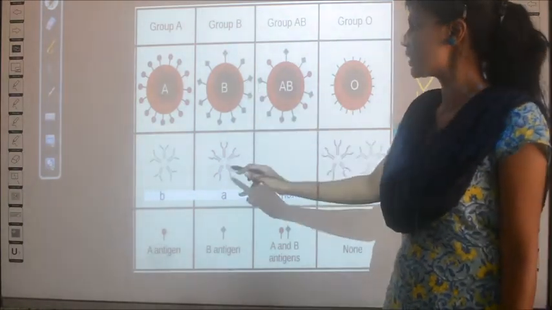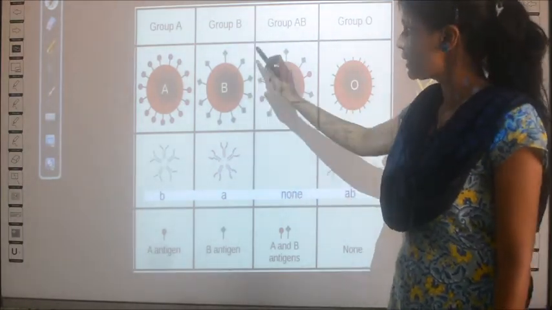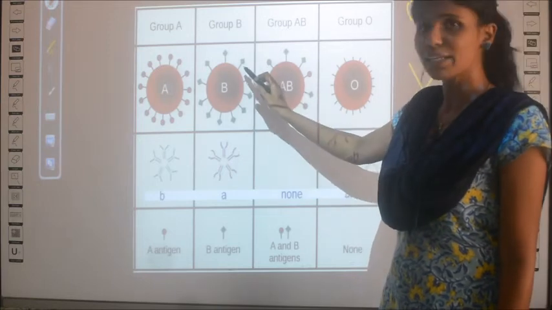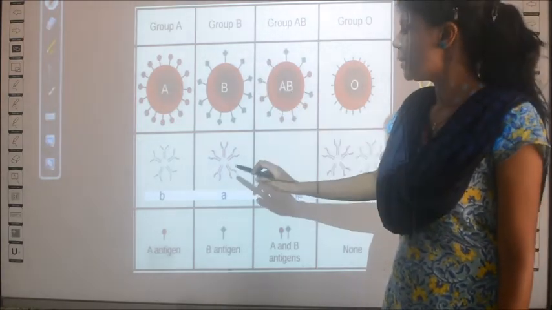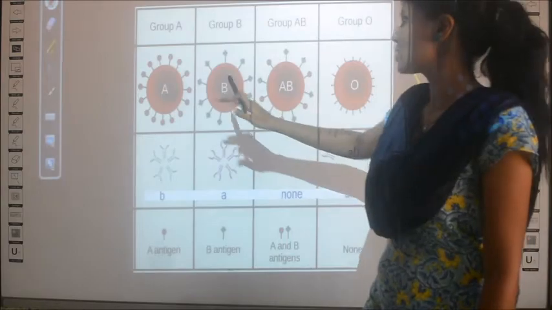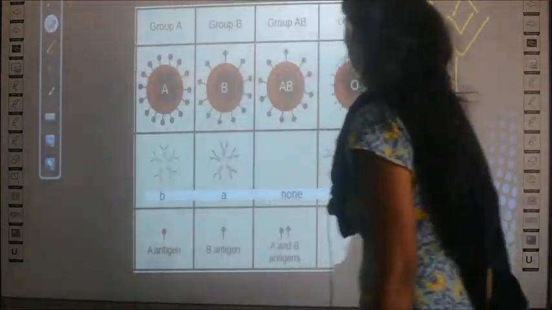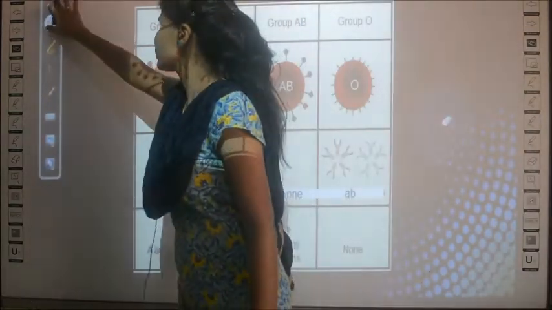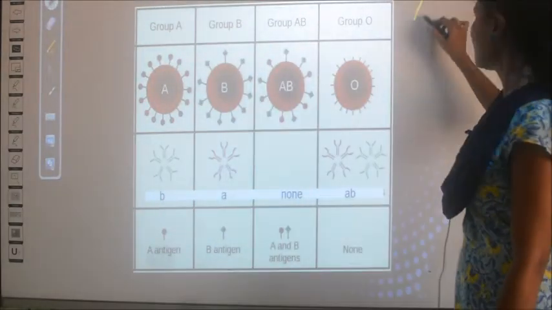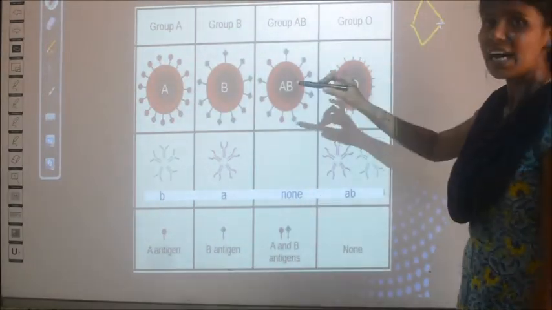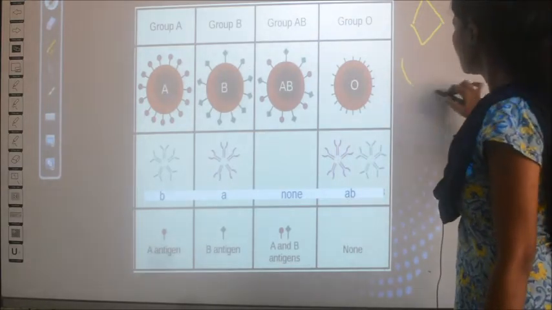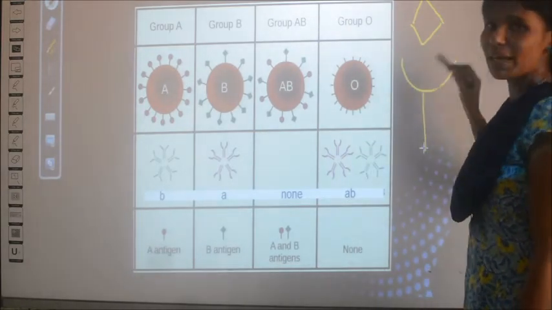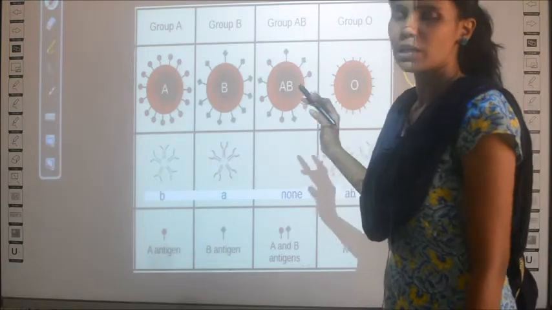That's why in the chart it is given that a person with blood group B will always have antigen B but antibody A. So how will it occur in the blood for B blood group people? The antigen will be like this but the antibody will be like this. So this will not match and there is no blood clot.